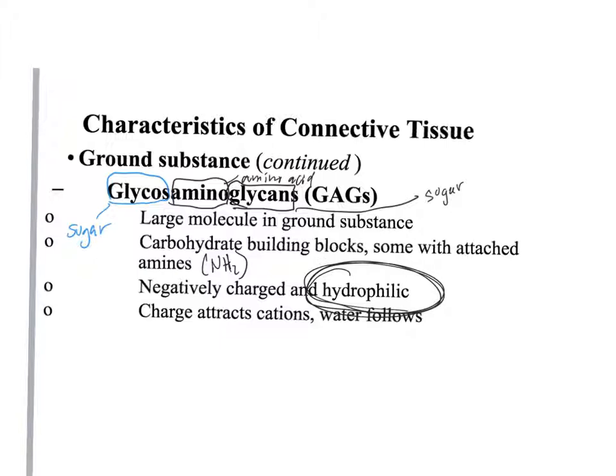These GAGs are hydrophilic. The charge attracts cations, positively charged particles, I'm sorry, which then also attracts water. So when you have an abundance of glycosaminoglycans present, they're going to attract a lot of water.